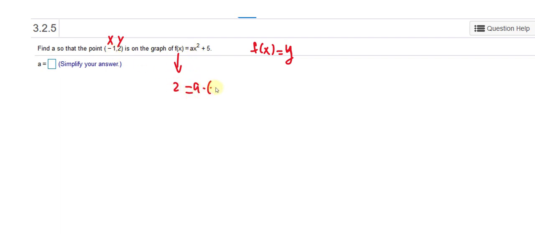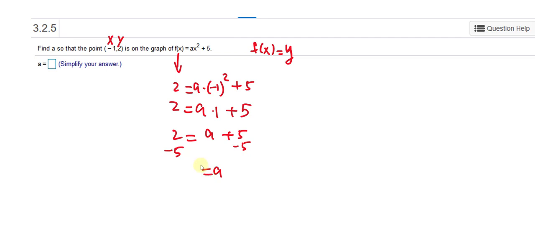X now is minus 1 squared plus 5. Minus 1 squared is 1. Times a plus 5 equals 2. a times 1 is a plus 5 equals 2. To solve for a, you have to subtract 5 on both sides. So 2 minus 5 is minus 3. So the answer for a is minus 3.